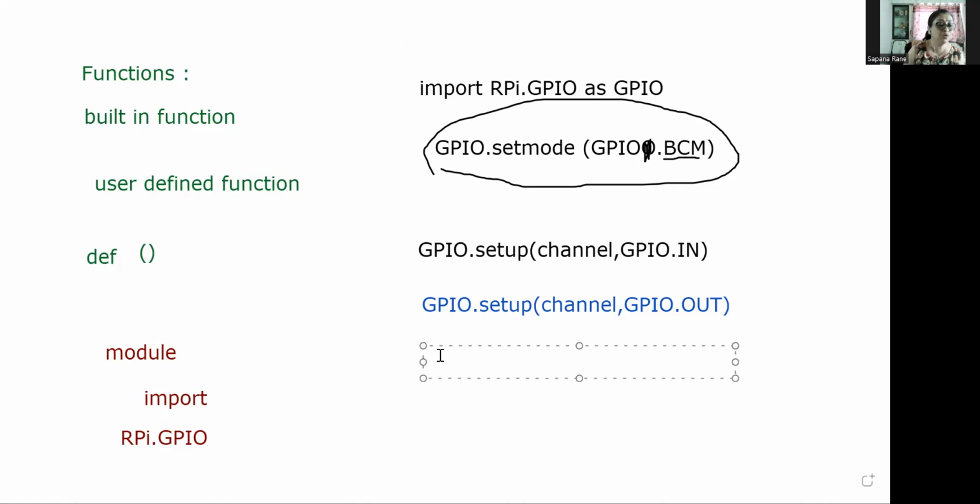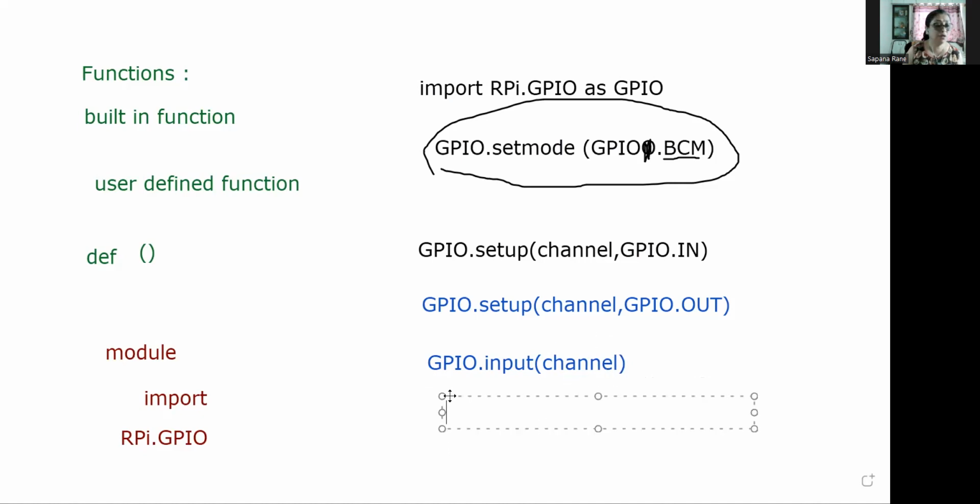I have to write GPIO dot input into bracket channel number. So if you do this, you are able to read whatever value is present on your channel number.